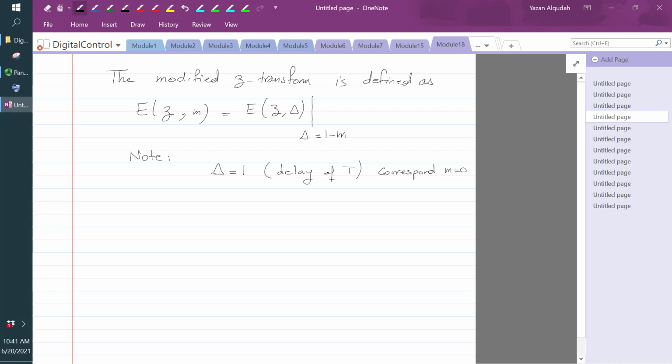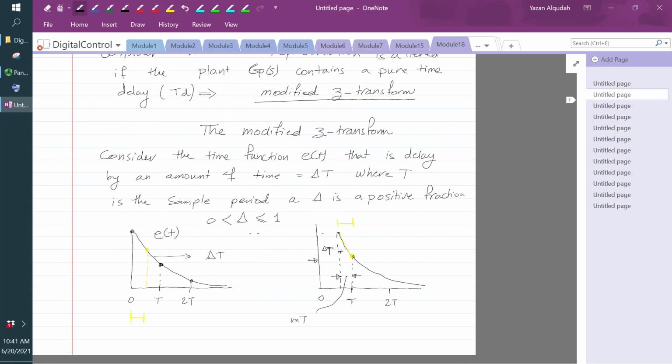So if I go back to the graph that I did here, if delta is equal to 1, it means this delay is going to go all the way, m is going to equal to 0. M plus delta is equal to 1.